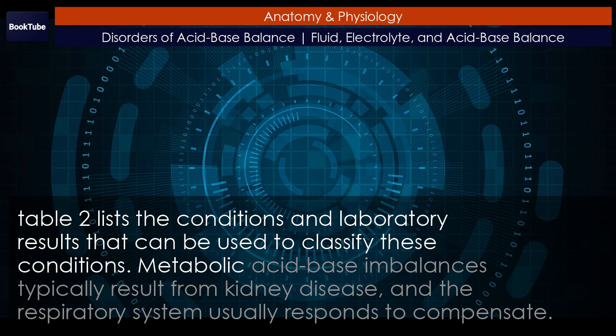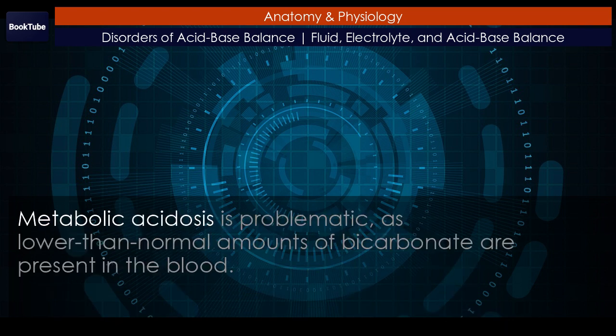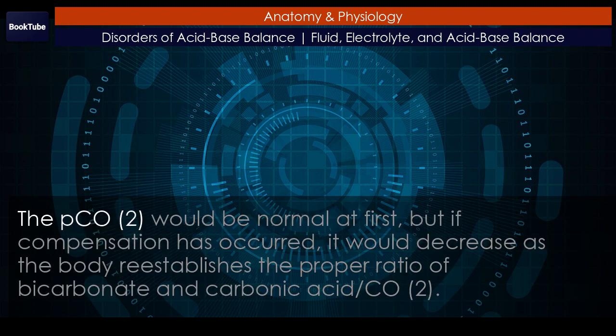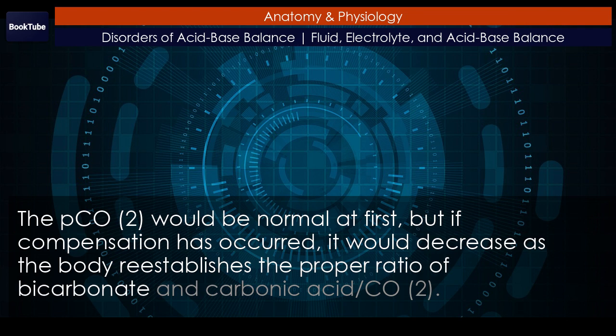Metabolic acid-base imbalances typically result from kidney disease, and the respiratory system usually responds to compensate. Metabolic acidosis is problematic, as lower than normal amounts of bicarbonate are present in the blood. The PCO2 would be normal at first, but if compensation has occurred, it would decrease as the body reestablishes the proper ratio of bicarbonate and carbonic acid, CO2.